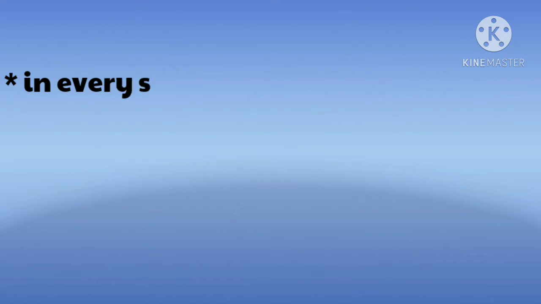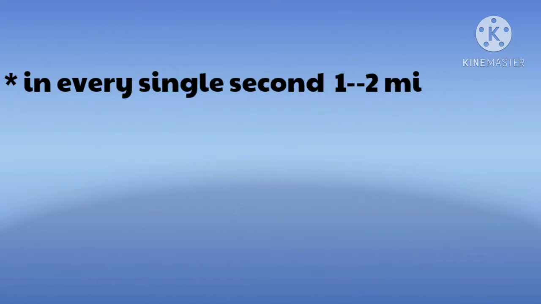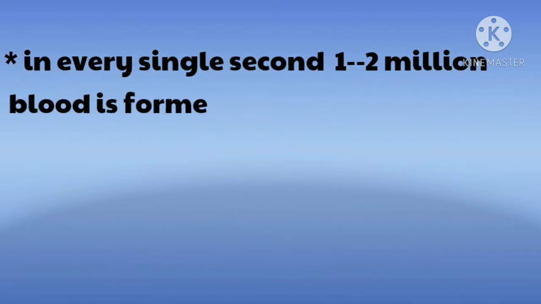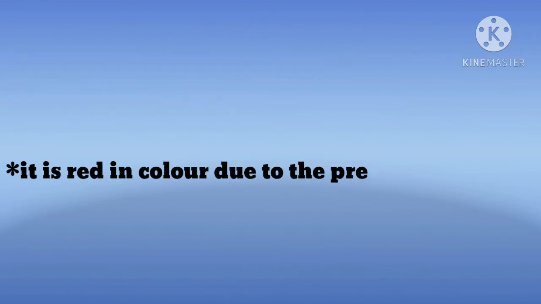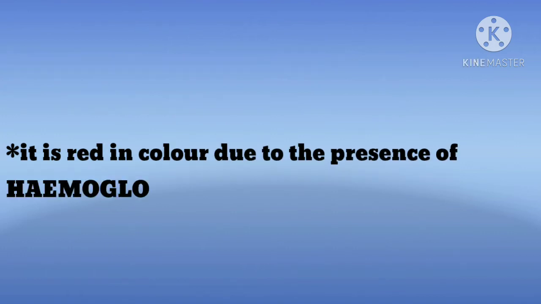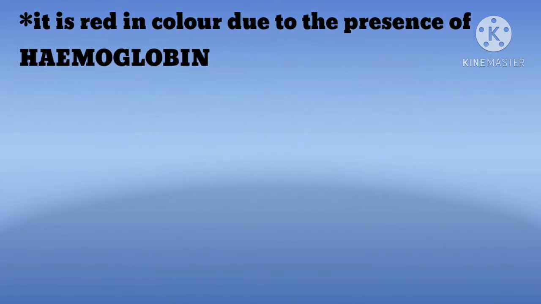So there are many more functions of blood. You know students, in every single second, 1 to 2 million blood cells are formed in our body, right? And you know that blood is red. So why is it red in color? It is red because of the presence of a red pigment called hemoglobin, which is an iron containing pigment and has protein.